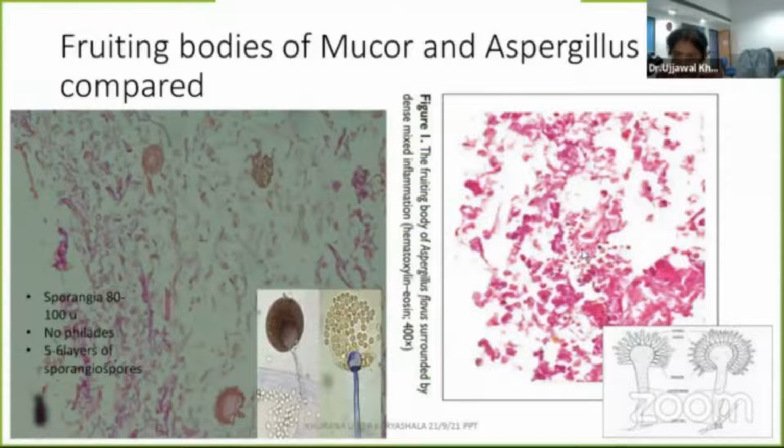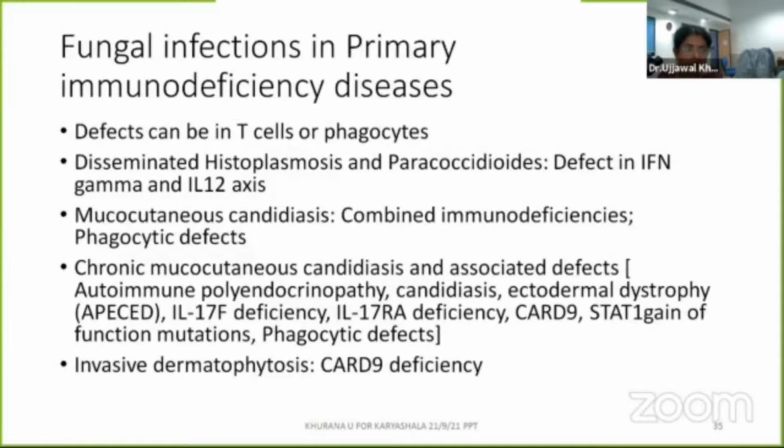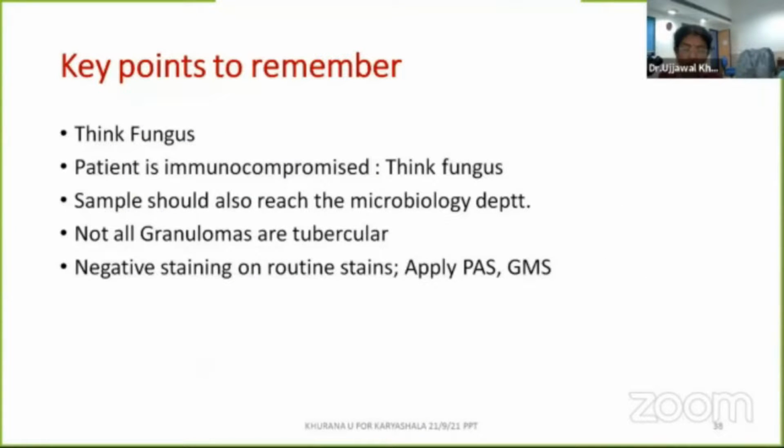Not all granulomas are tubercular, and negative staining on routine stains should be followed by special stains. Thank you, and we are thankful to God. One has to remember that if there is any infection in a child, please think about PIDs also.